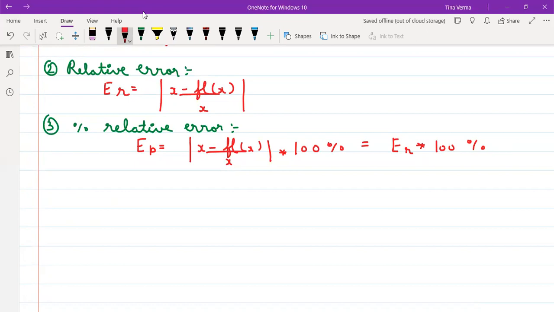Is it clear? I'll consider one example after this. The measure of relative error is better than absolute error, which we will follow from this example.